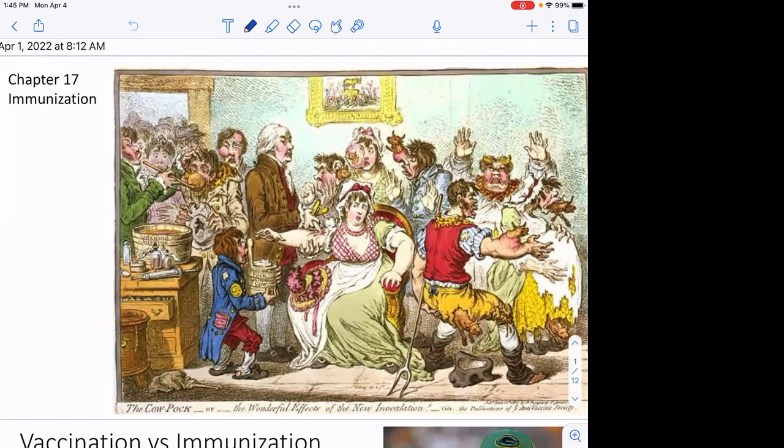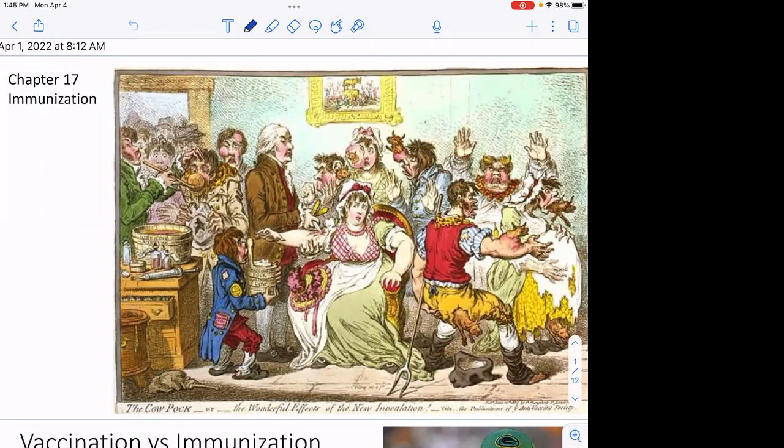Basically, what Edward Jenner is credited with figuring out is that milkmaids that had been infected with cowpox, which, by the way, I've seen cowpox lesions and they're pretty nasty, it's not just some little rash, never seemed to get smallpox.